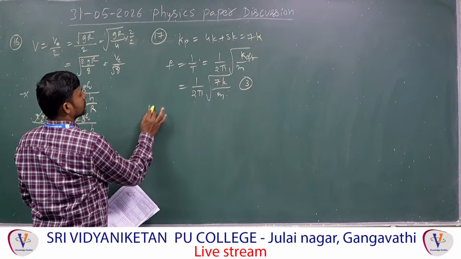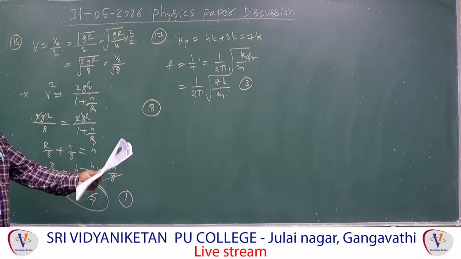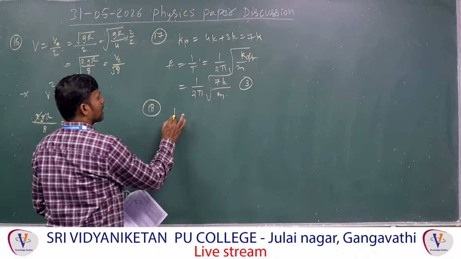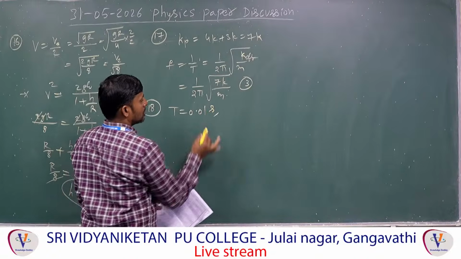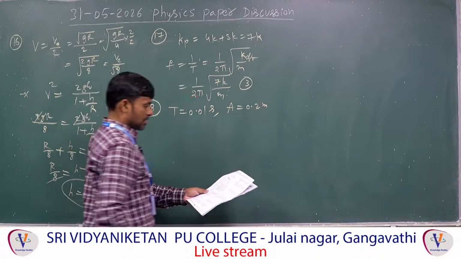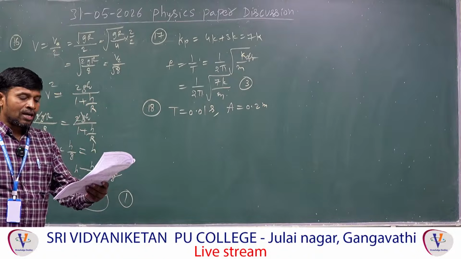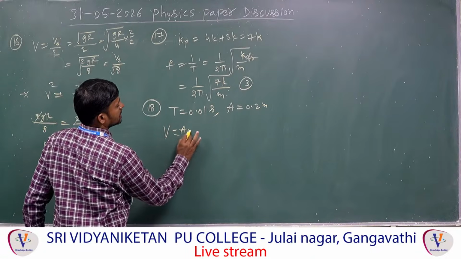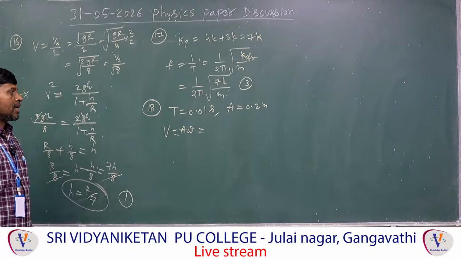Now the 18th. A simple harmonic oscillator has a time period of 0.01 and amplitude of 0.2 meter. What is the magnitude of the velocity of the particle at the mean position? At the mean position, velocity is equal to A omega.